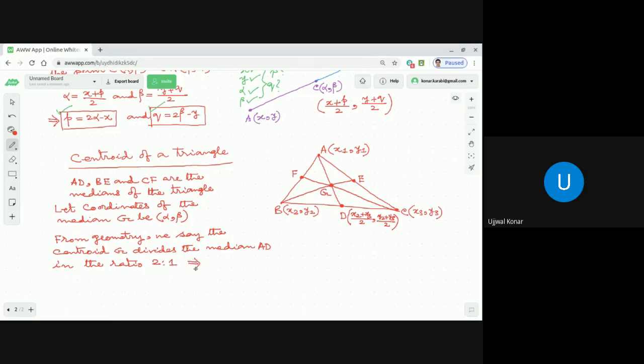That implies AG is to GD is equal to 2:1.